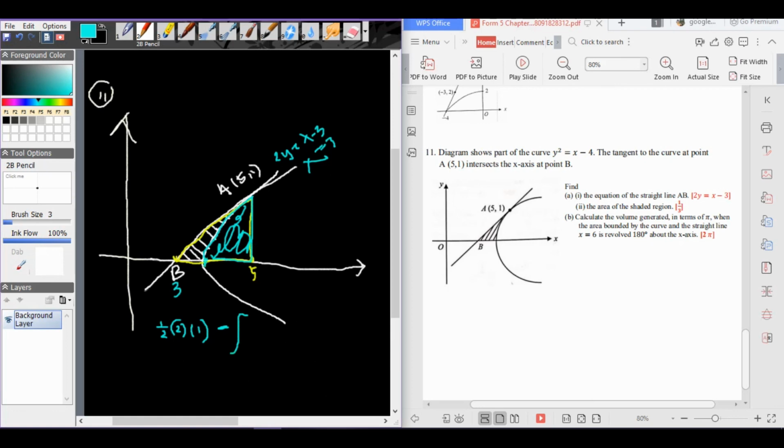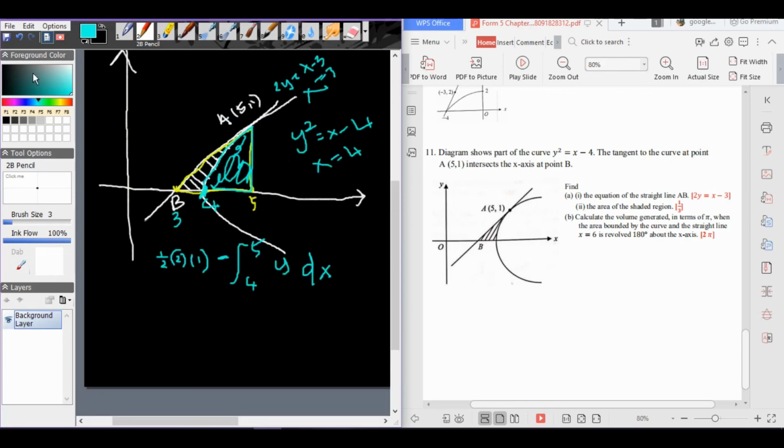We have to minus the area generated by the curve, from this coordinate to 5. What is this coordinate? This is the x-intercept of the curve. The equation of the curve given is y squared equals x minus 4. When y equals 0, x equals 4. So we integrate y dx from 4 to 5. What is y?